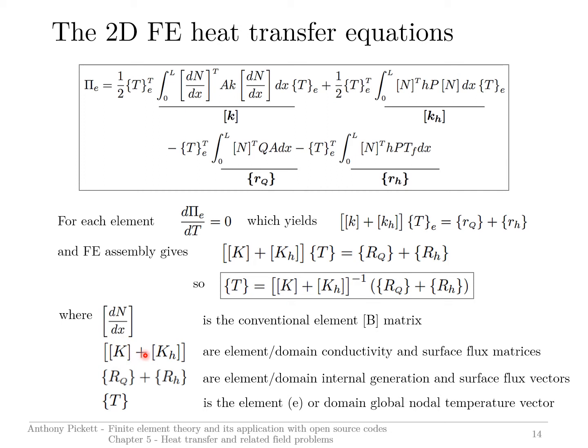K plus KH is the sum of the element conductivity. Obviously, K is computed for all elements in the problem, and as I mentioned, this is only computed for elements that do have convection at the surface. These are our internal or heat generation and surface flux vectors due to convection, and this is our nodal temperature, global nodal temperature vector.